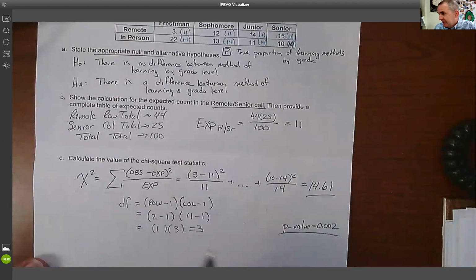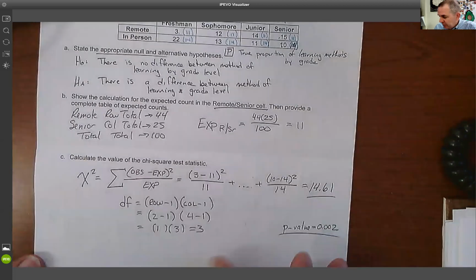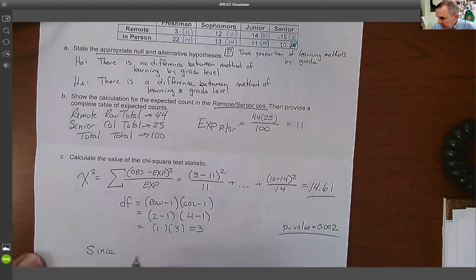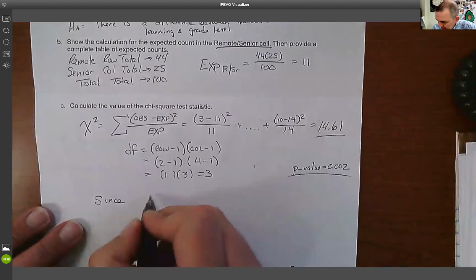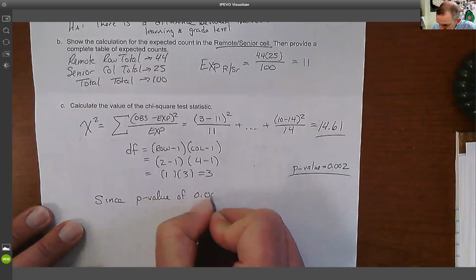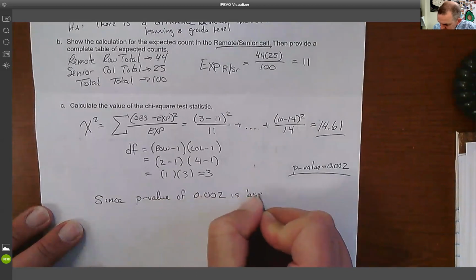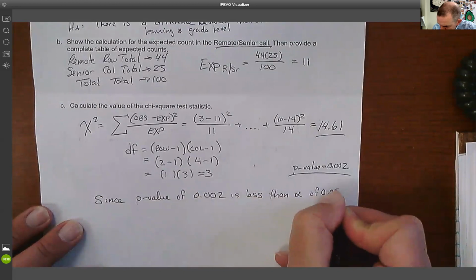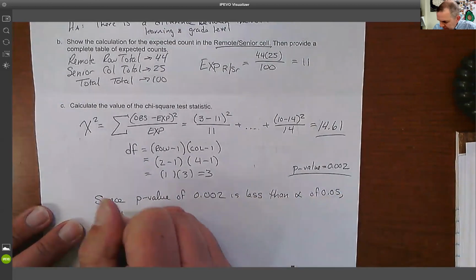That p-value is less than the really realistic values of alpha we would deal with. Since our p-value of 0.002 is less than alpha of 0.05, we reject the null hypothesis.